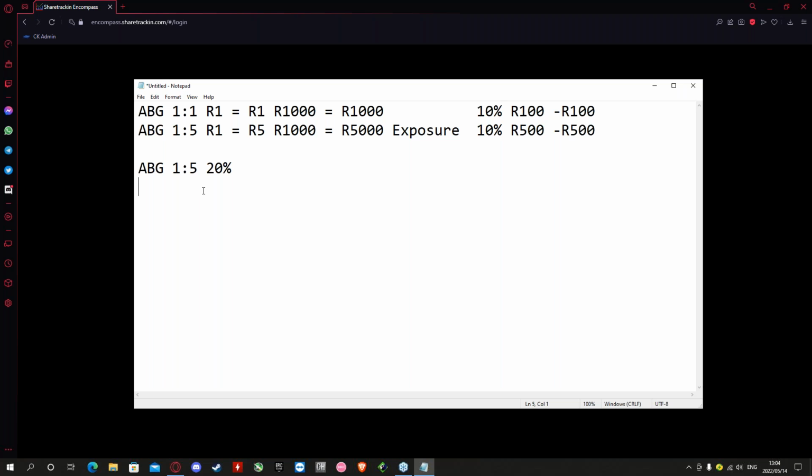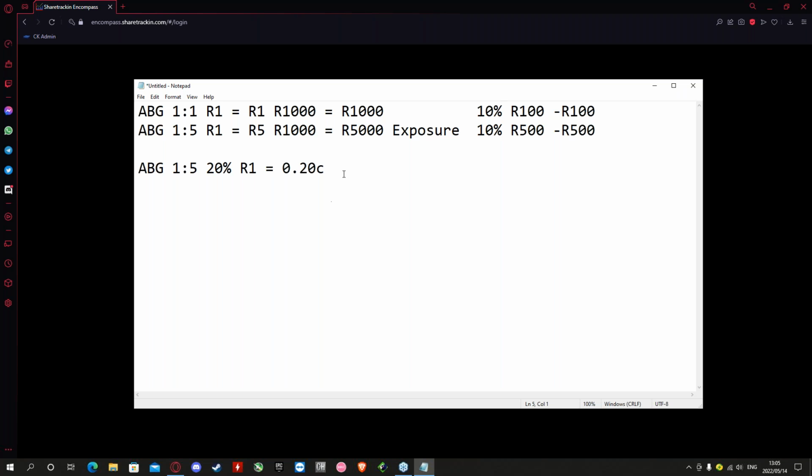If it's a 1-to-10, then you would be paying only 10% of the price. So it will go lower and lower the higher your ratio is. In this case, let's say it's R1 per share, you would only be paying 20 cents per share, because the 1-to-5 ratio means a 20% margin, and that would give you 20 cents per share.